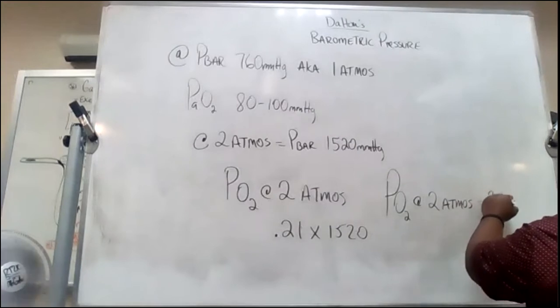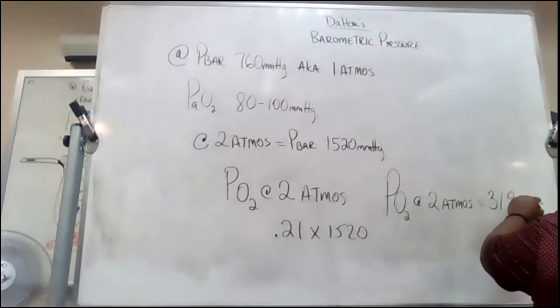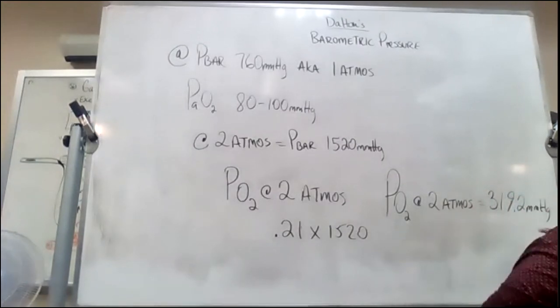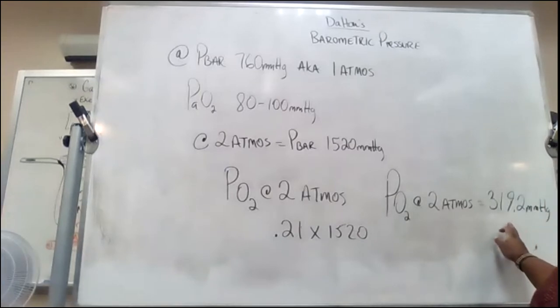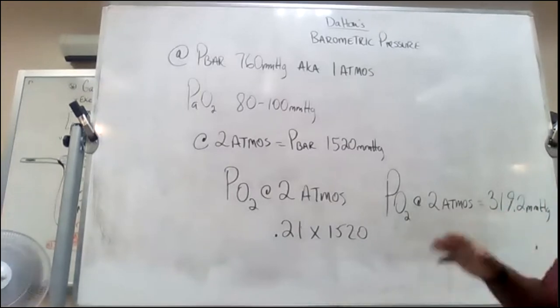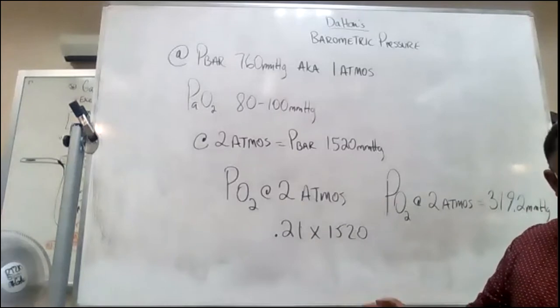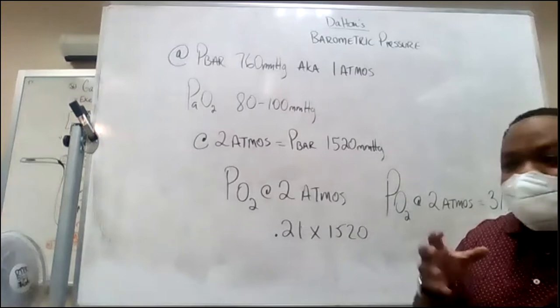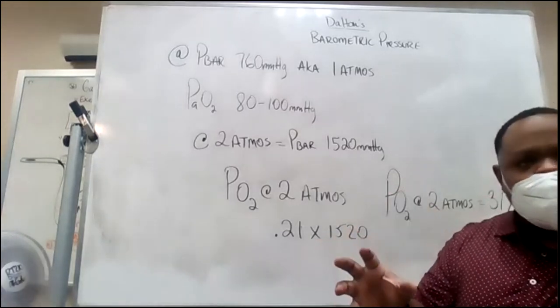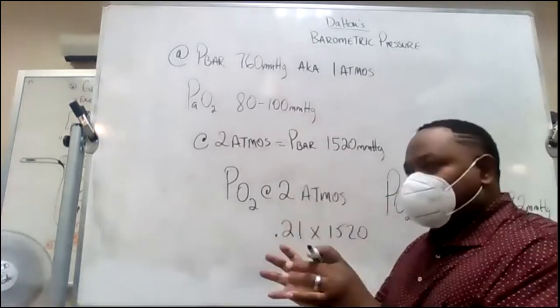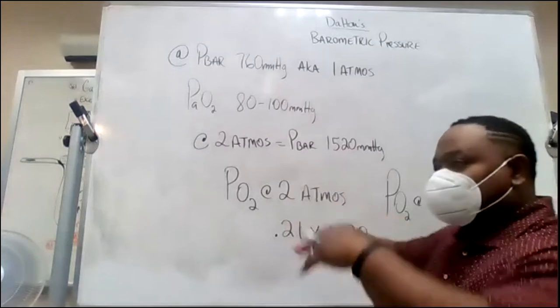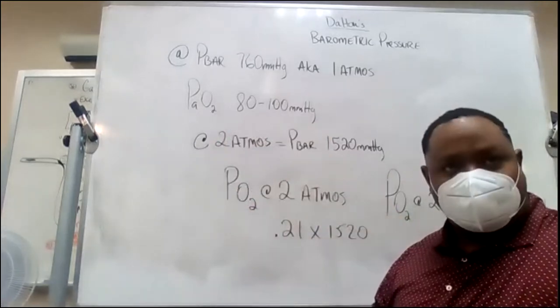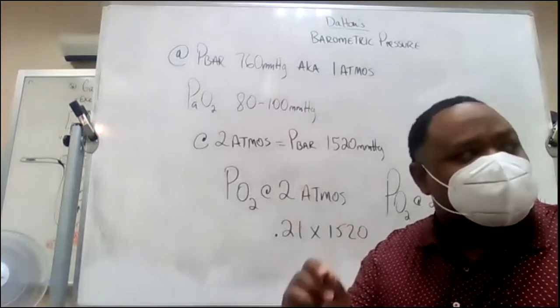There you go, 319.2 millimeters of mercury. So is that more than 159? Yes, so it is pushing harder. So now the oxygen pressure inside of the body is higher. It's way higher than if it was at sea level. That's what we call supersaturation.